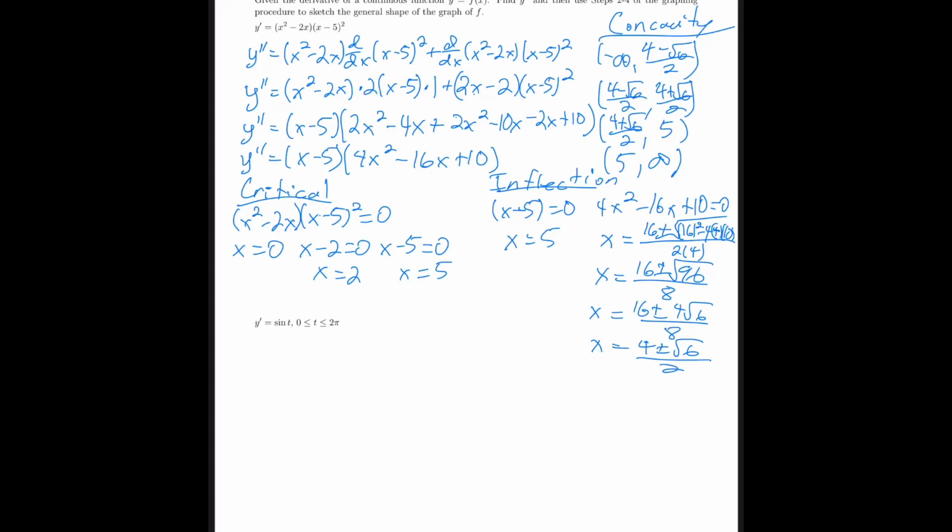Okay, and so we can just plug in numbers that fit into each one of those regions into the second derivative and figure out if it's concave up or concave down.